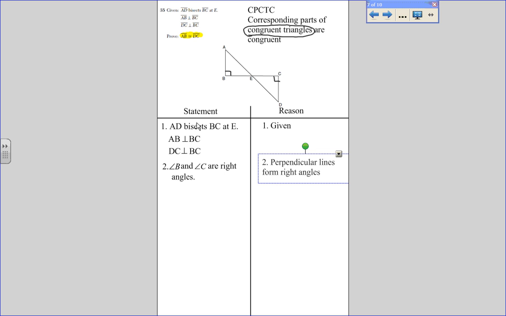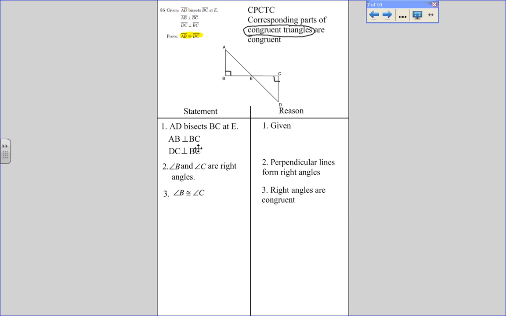And the reason is perpendicular lines form right angles, right? AB is perpendicular to BC, so this is 90. DC is perpendicular to BC, so this is 90. Now, since they're both 90 degrees, that means that they're equal or they're congruent because all right angles are congruent.